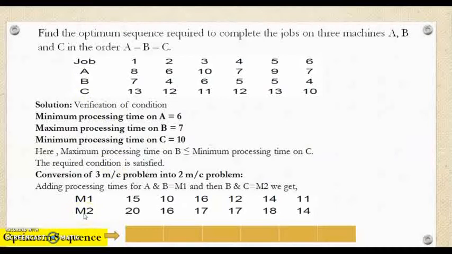Similarly, processing times on machine M2 are calculated by adding the processing times of machines B and C, that is 7 plus 13, 20, 4 plus 12, 16, 6 plus 11, 17. For all the jobs, processing times are carried out.